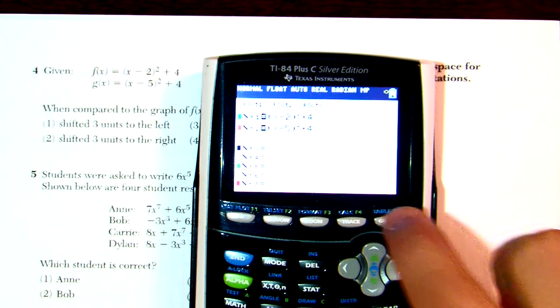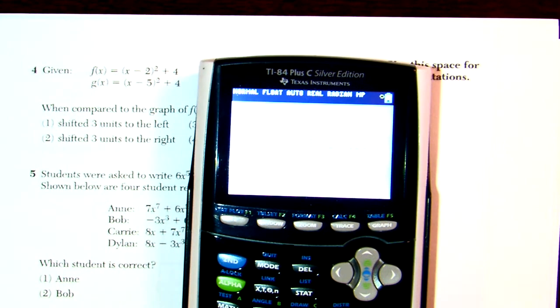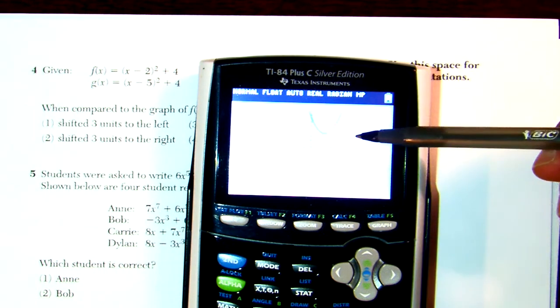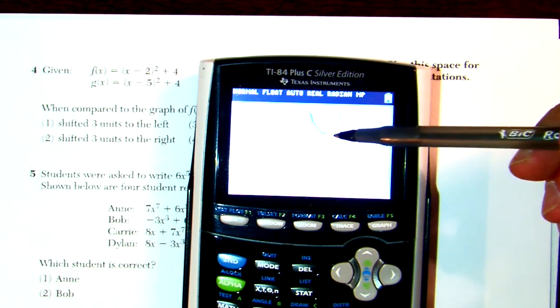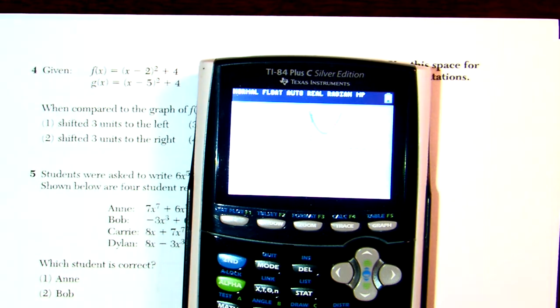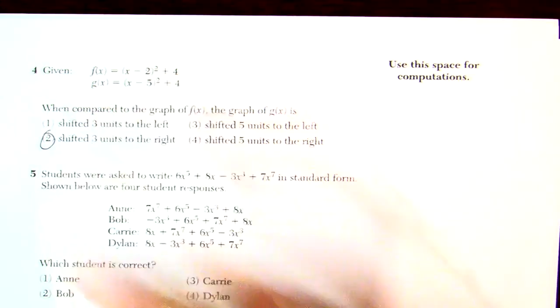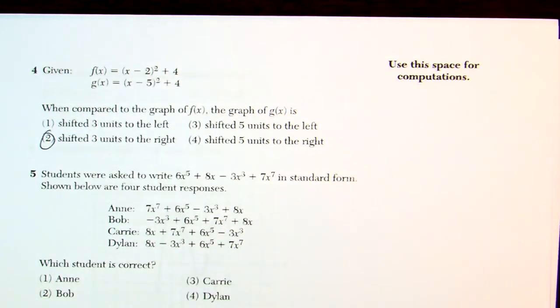And when I hit the graph button, I see that the first one is right here. Now see what happens with the second one. The second one looks like it went to the right a total of 3 spots. So that's what happened. It shifted to the right. So there it is, choice 2.